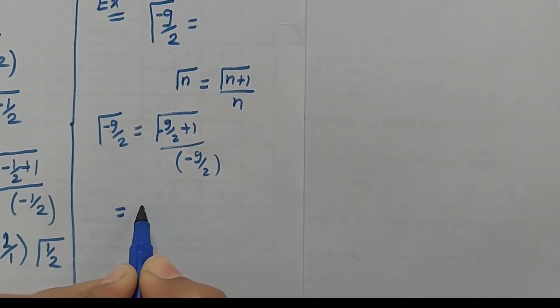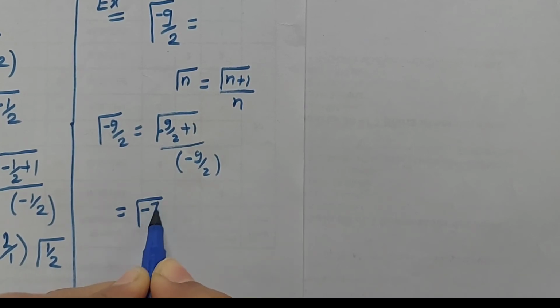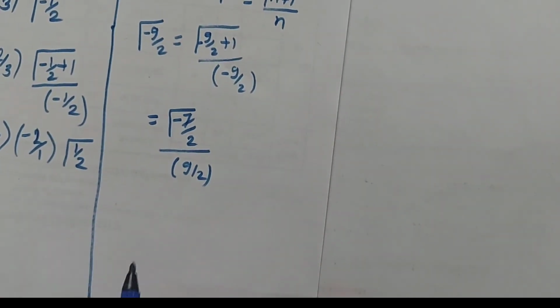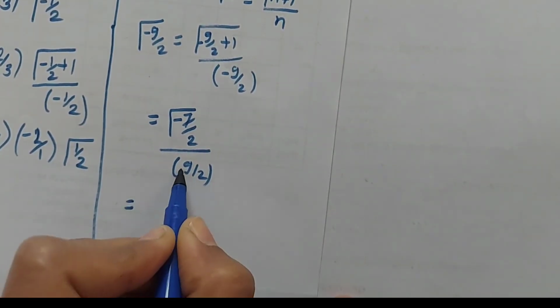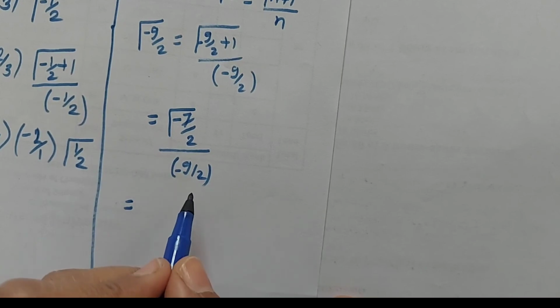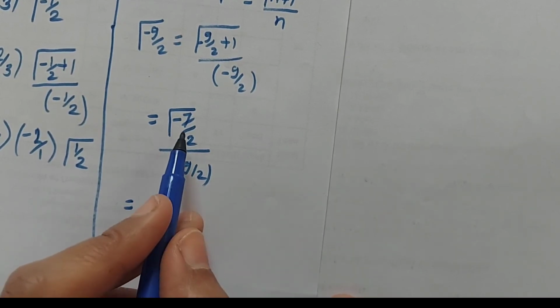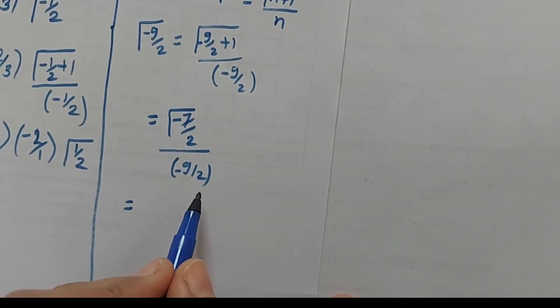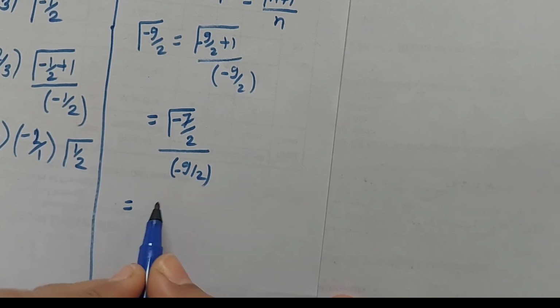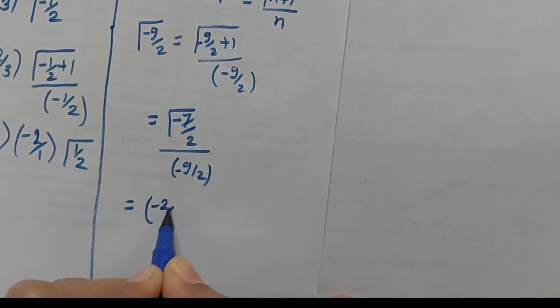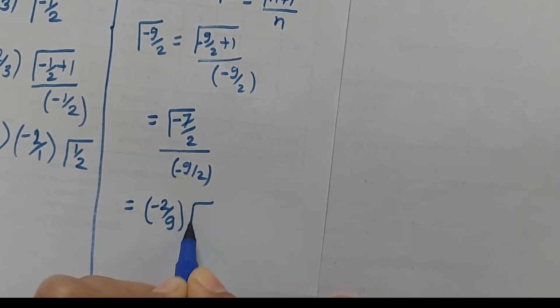So it is gamma of minus 7 by 2 divided by minus 9 by 2, and this term we can write as minus 2 by 9 gamma of minus 7 by 2.